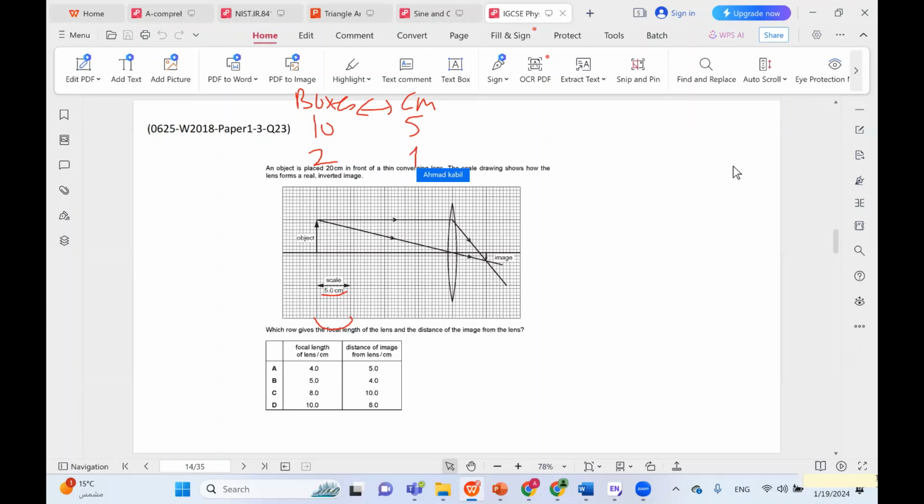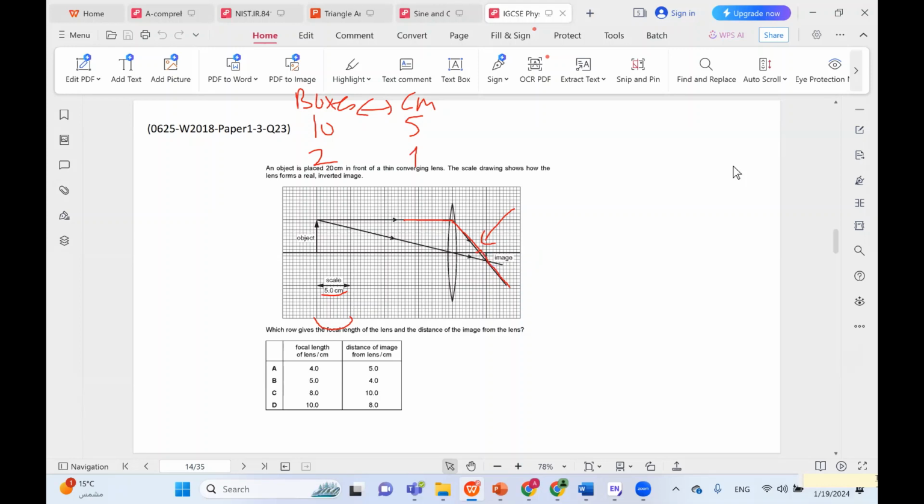In order to get the focal length, it's the distance between the center and the focus. Where is the focus here? For a ray that is moving parallel to the axis, it should emerge passing through the focus. So therefore, the focus should be at this point here.